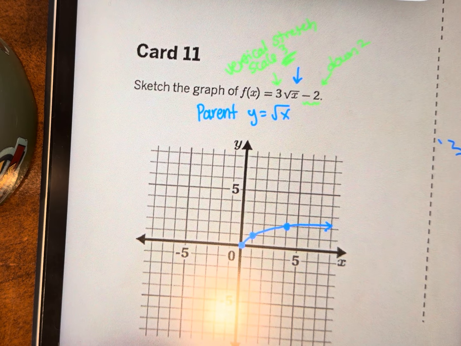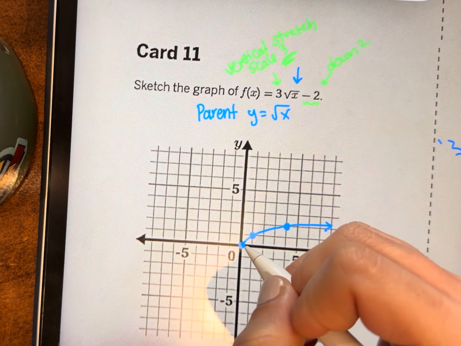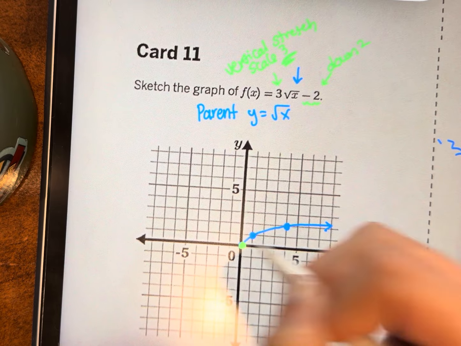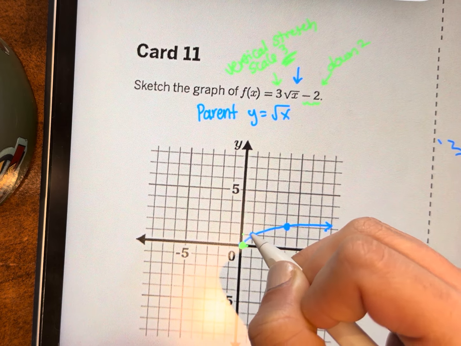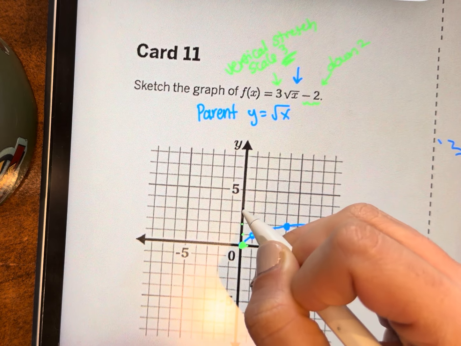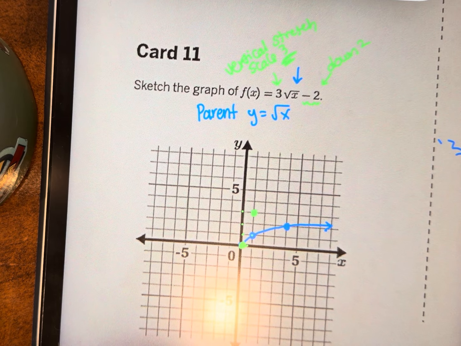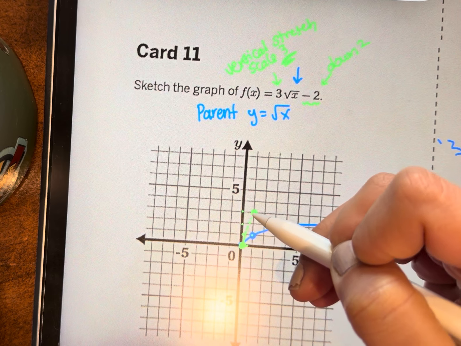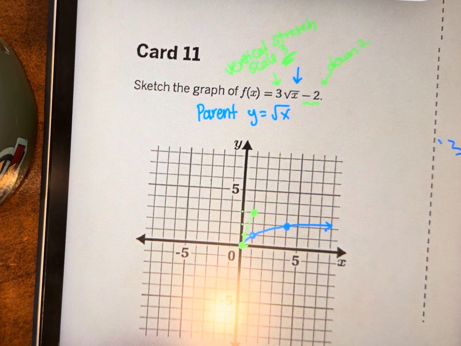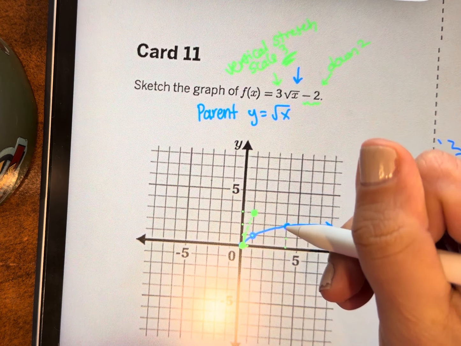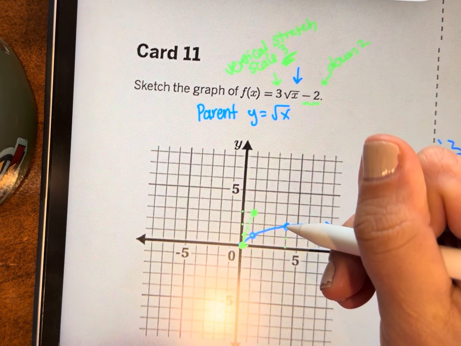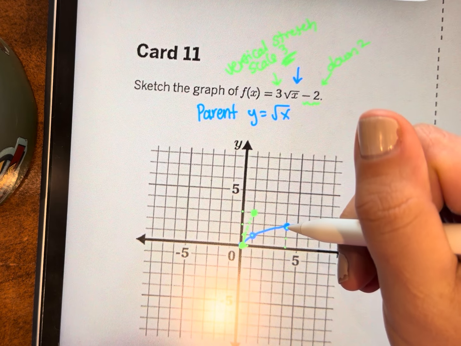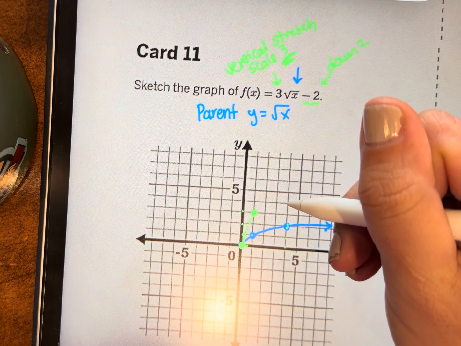Okay, now what does the scale of 3 do? The scale of 3 makes me go 0, 0, but then instead of going up 1 over 1, I'm going to go up 1, 2, 3 over 1. All right, so my new function is triple the height of the parent function. Even here, this guy's height is 2. Mine is triple that, so 3 times 2 is 6.